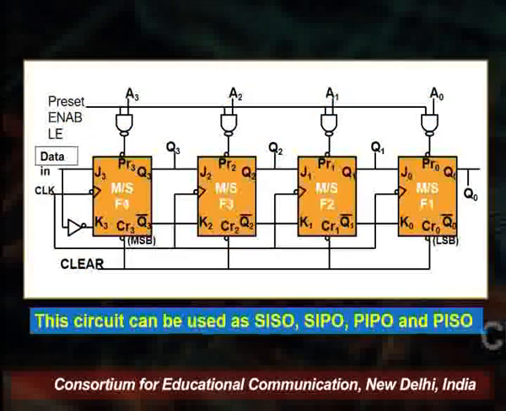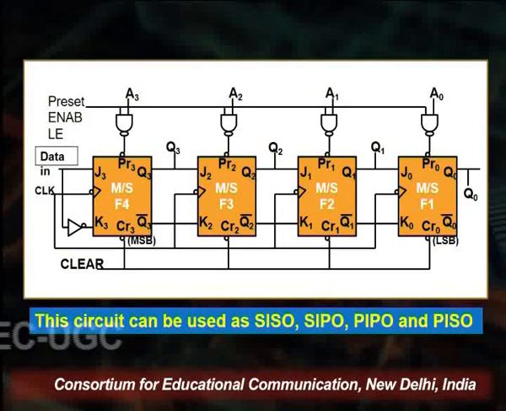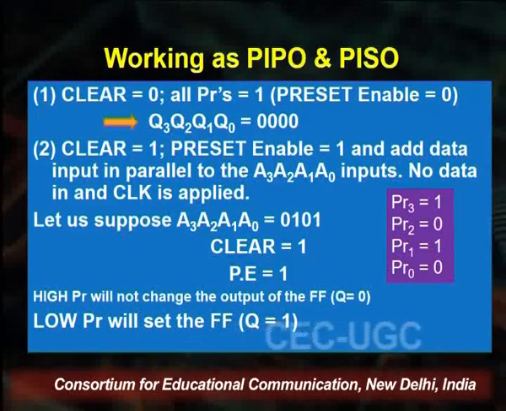Looking carefully, we see that the data in is at the extreme left of the screen. Now we need to see the same circuit works as SISO and SIPO till the time the preset enable is 1.